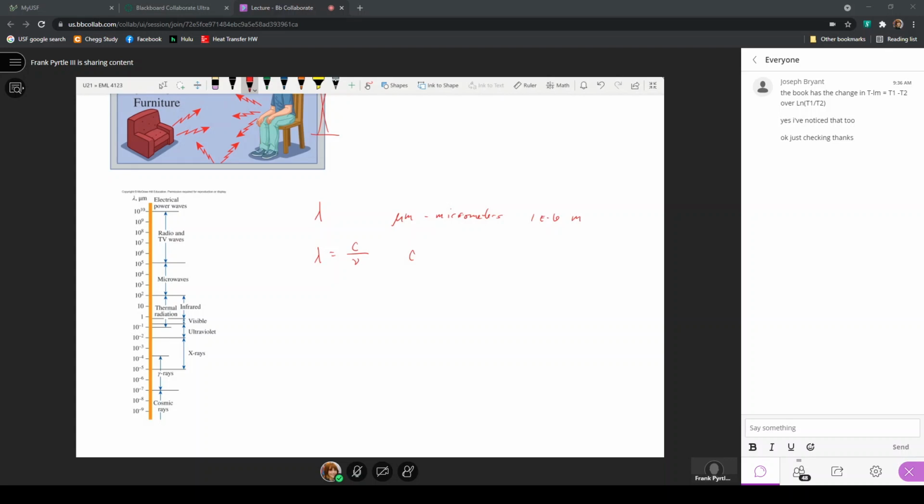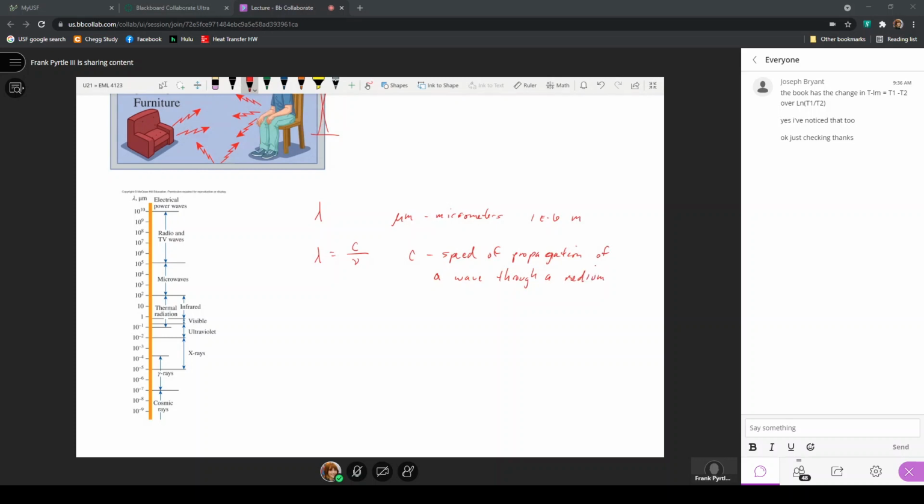So this is the speed of propagation of a wave through a medium.